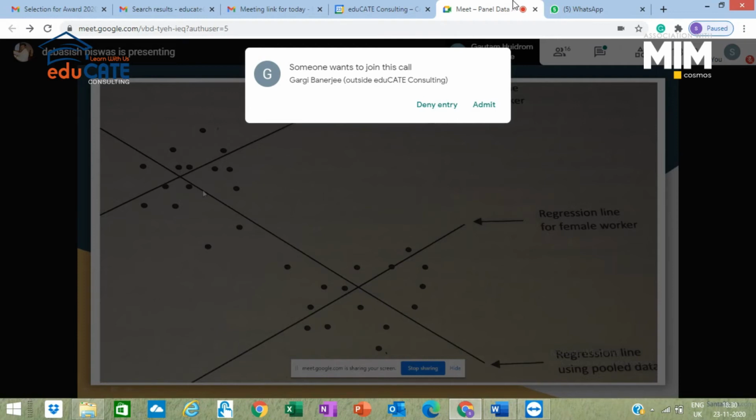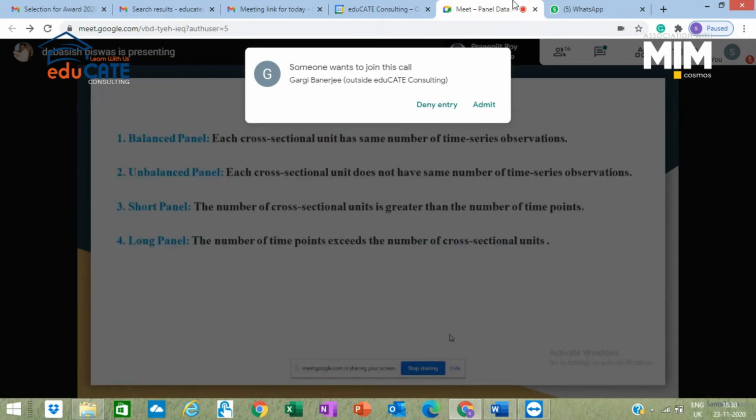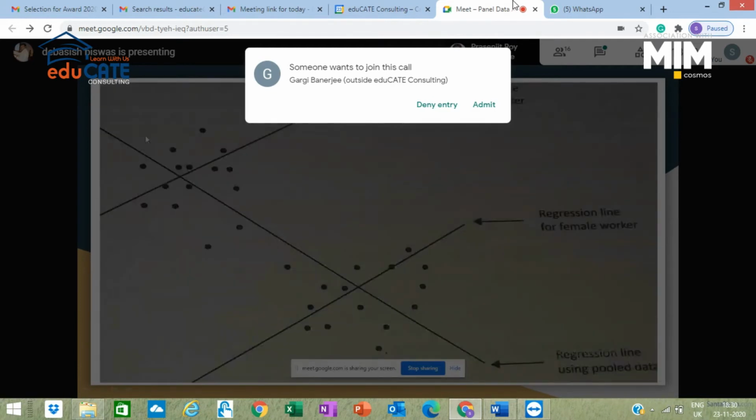In this way. And this regression line is called pooled regression, because you are not classifying various cross-sectional units.